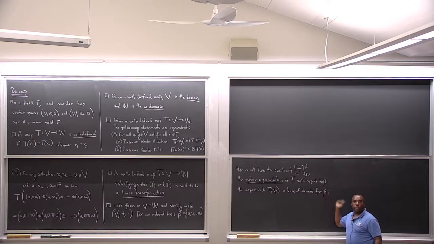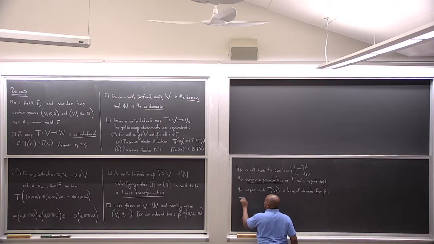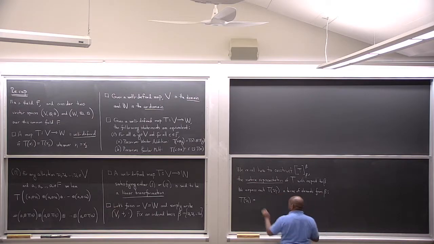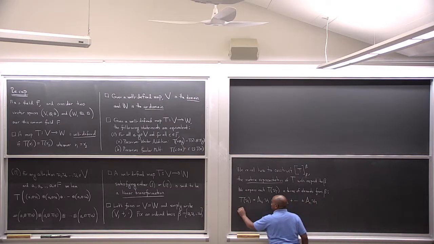So for example, if we take a look at what happens to V1, then I can write that as a linear combination of things. So this is perhaps A11 V1 plus A21 V2, maybe through AN1 Vn. That's what happens for the next one, V2.